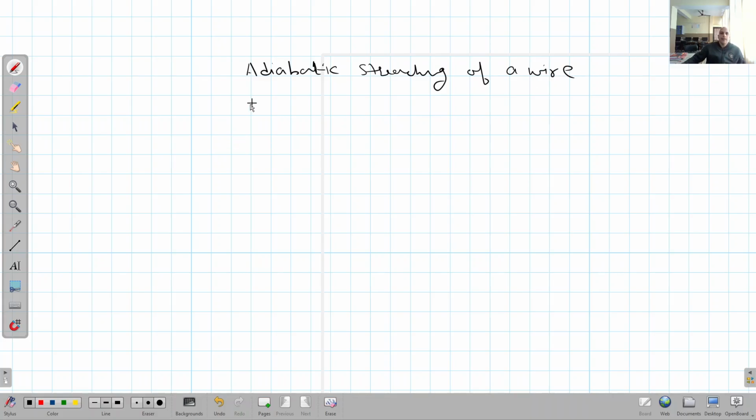Clear? Adiabatic stretching of a wire means we have given a wire, right? And we are stretching it adiabatically, suddenly. Clear? So we are going to check what will happen when the wire is stretched adiabatically. So for it, we can take a wire here.